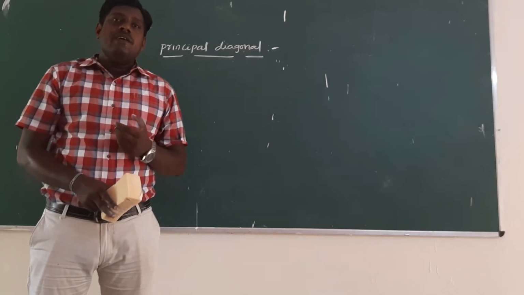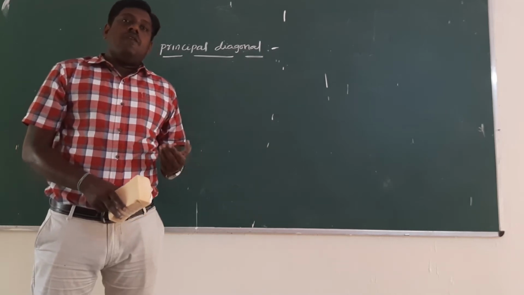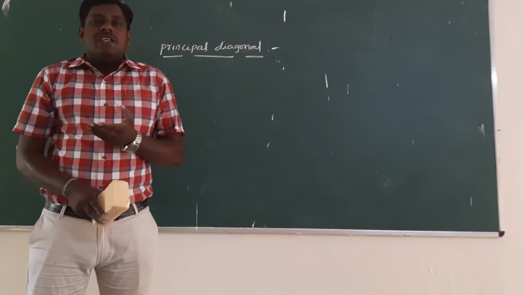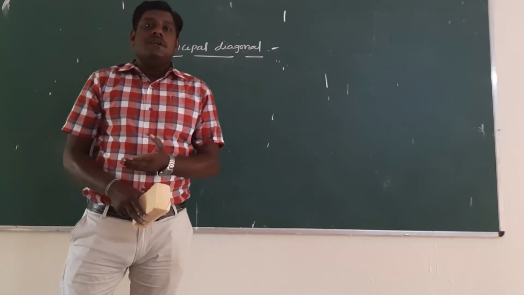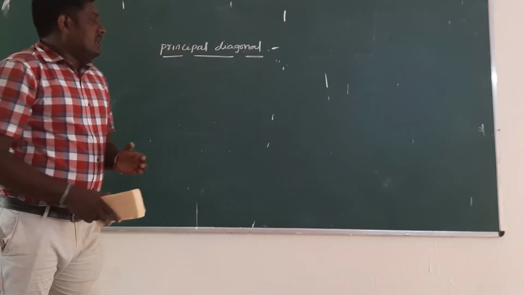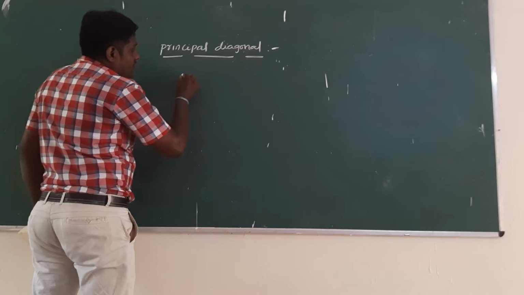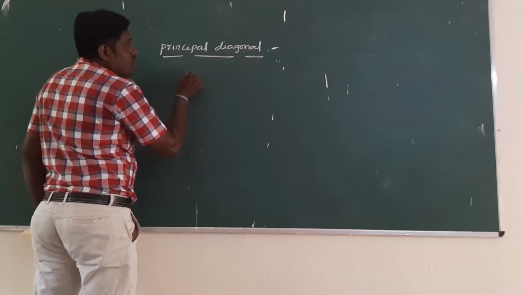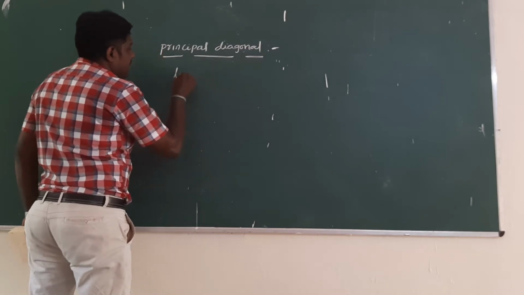The line joining the elements from the first element of the first row to the last element of the last row is called the principal diagonal. What I am saying is, a line joining the first element of the first row to the last element of the last row.